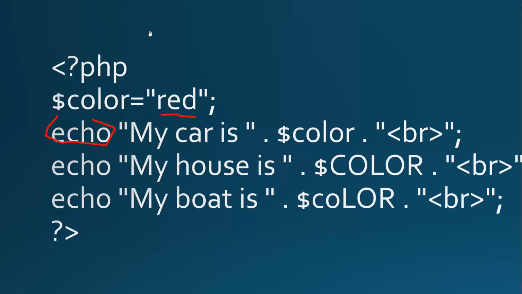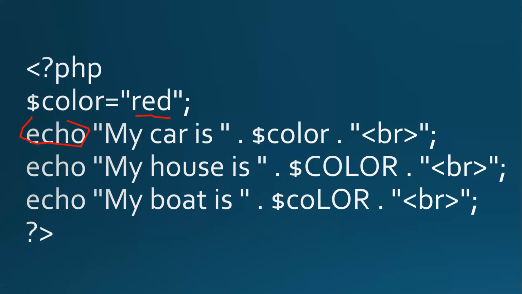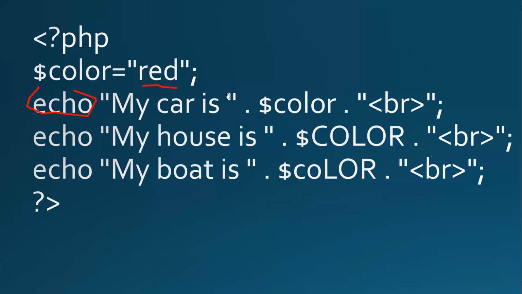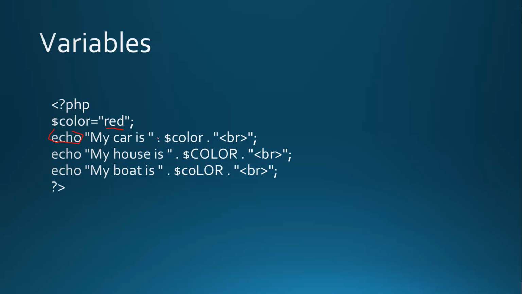Then we put a little dot after our quotation mark, after our string. I'm going to put an S there for string, and that dot indicates that we're putting together certain content.